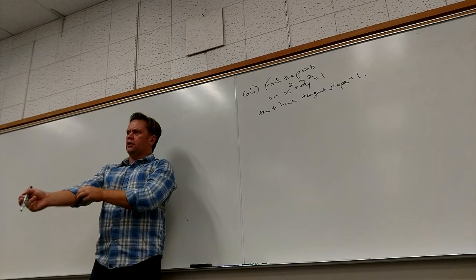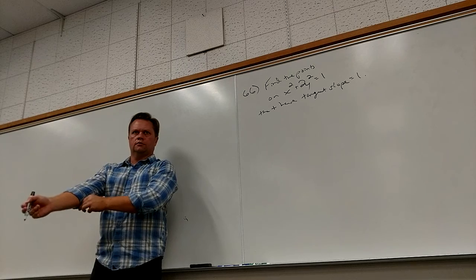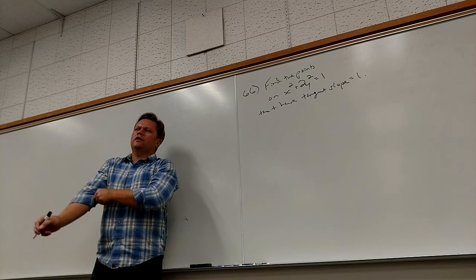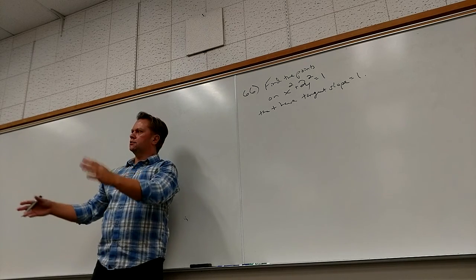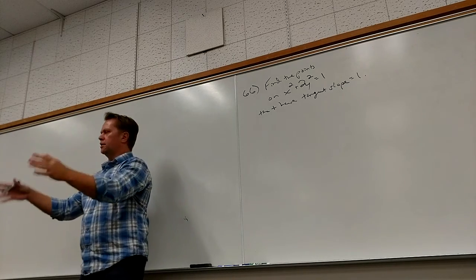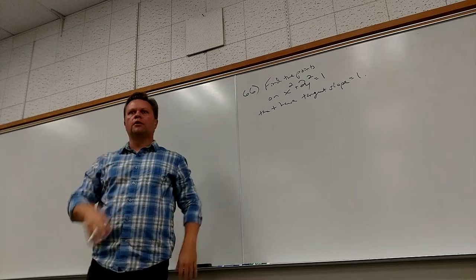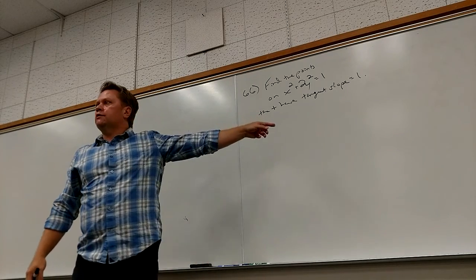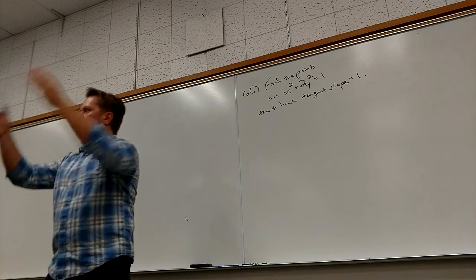Find the points where the tangent line has a slope of 1. So what do you do when I ask you to find the horizontal tangent line position? You take the derivative and set it equal to 0, because horizontal tangent line means slope 0. If I say I want the tangent line to have a slope of 1, you take the derivative and set it equal to 1.